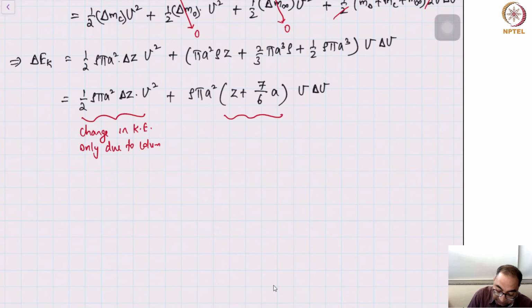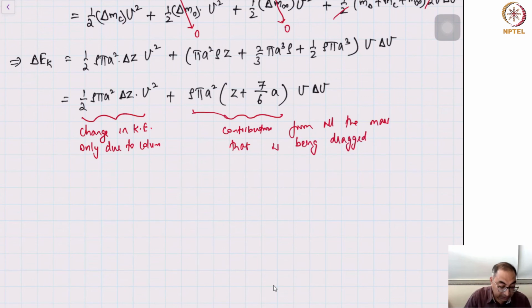And this entire quantity, by the way, can be thought of as the contribution from all the mass that is being dragged along from the reservoir below. Okay.